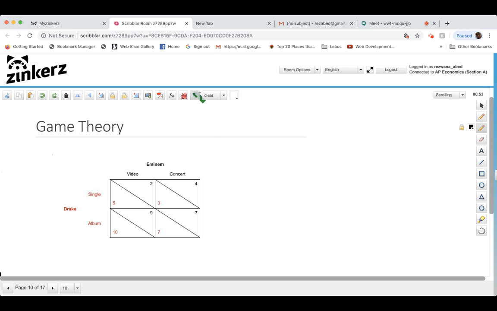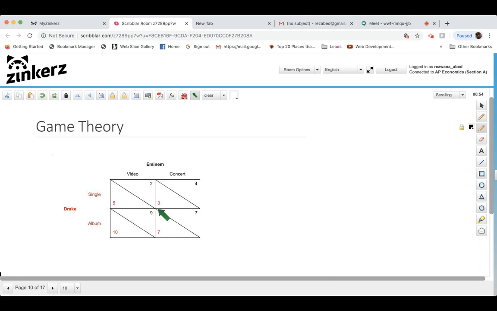The way we do this is to look at it from, let's say, Drake's point of view. We need to decide whether it is better to release a single or to do an album. Remember, the numbers in red represent Drake's payoffs.